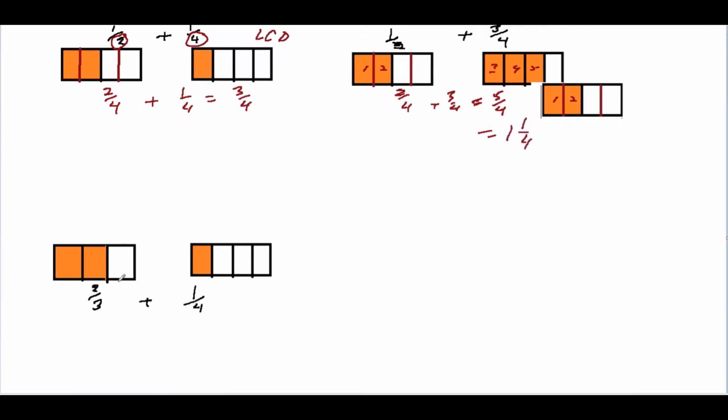When they get into something like this where they have to change both, it gets a little more complicated. And one thing they can always do is multiply the denominators together to get a common denominator. In this particular case, it is the least common denominator, but sometimes it might not be.